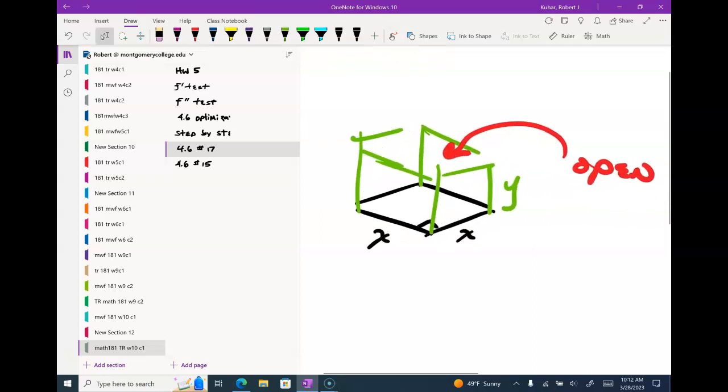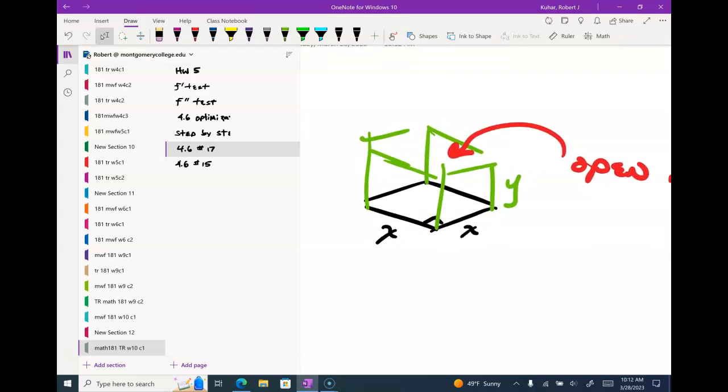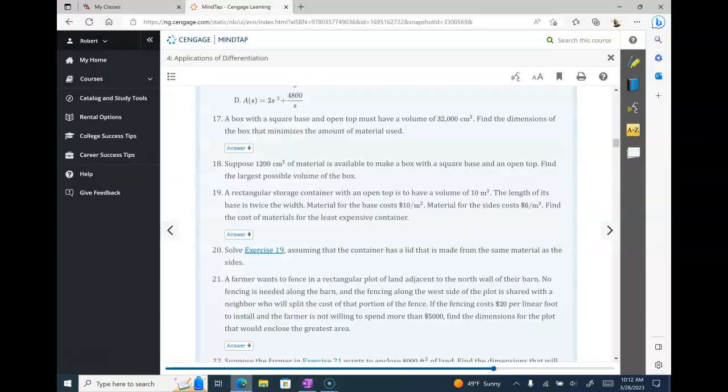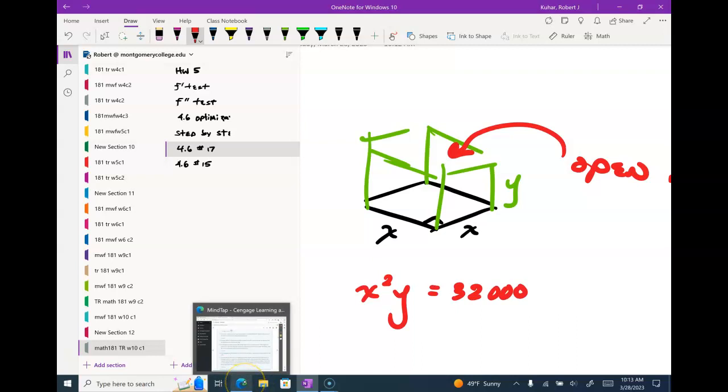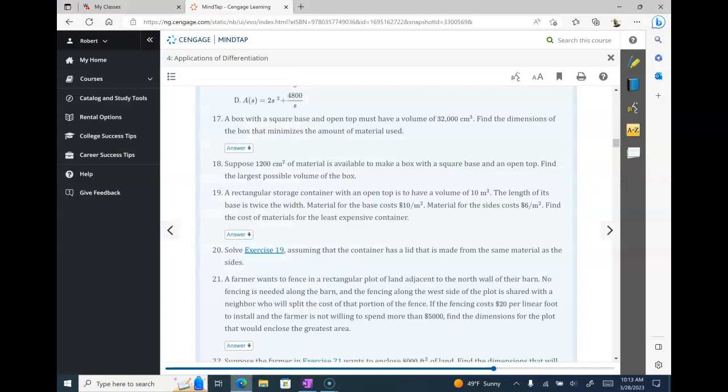You with me? We okay? Good. What do I know so far? I know that the volume is 32,000 centimeters cubed, right? So what do I have for volume here? X by x by y, right? So x squared y is 32,000. Yes? So there's my equation. Yes, everybody okay?